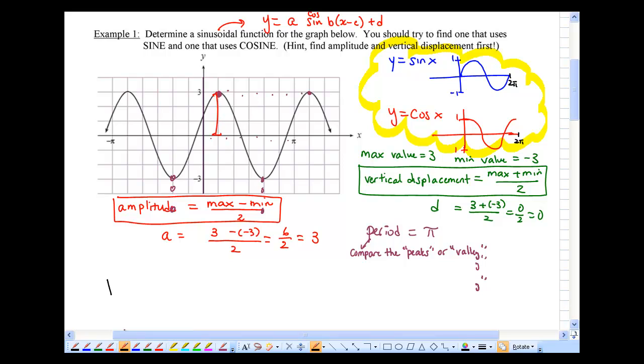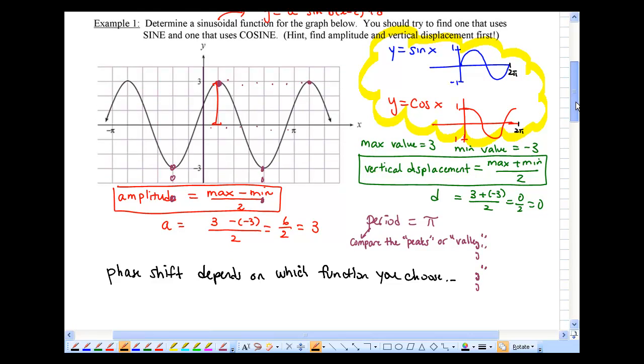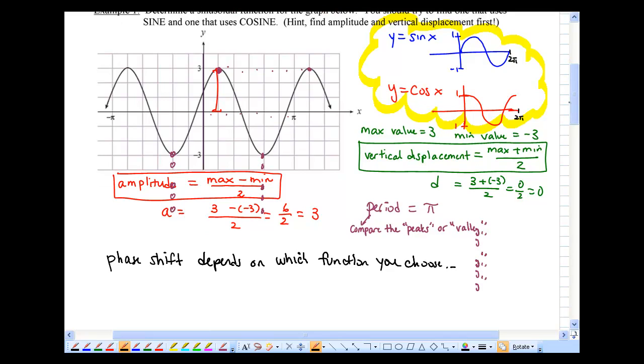So the phase shift, okay, and I'll say the phase shift depends on which function you choose. Okay, so remember here once again, sine starts in the middle, where cosine starts up high.